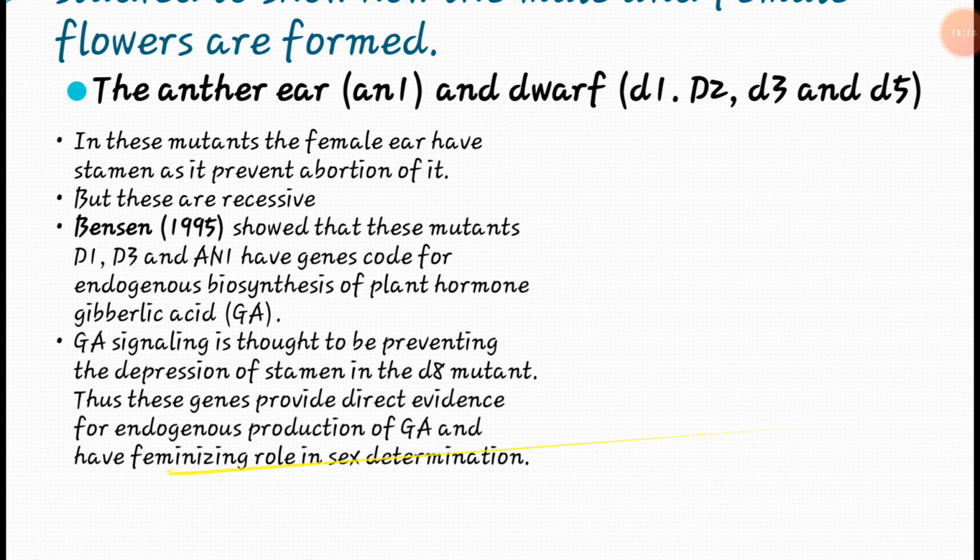Bensen in 1995 showed that the mutants D1, D3 and AN1 have genes coding for endogenous biosynthesis of the plant hormone gibberellic acid. Gibberellic acid signaling is thought to prevent the derepression of stamen in the D8 mutant. Thus, the genes provide direct evidence for endogenous production of GA, that is gibberellic acid, having a feminizing role in sex determination.